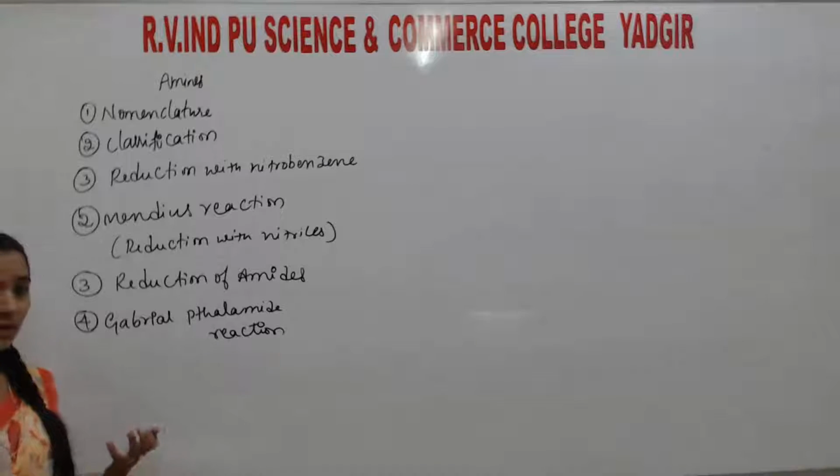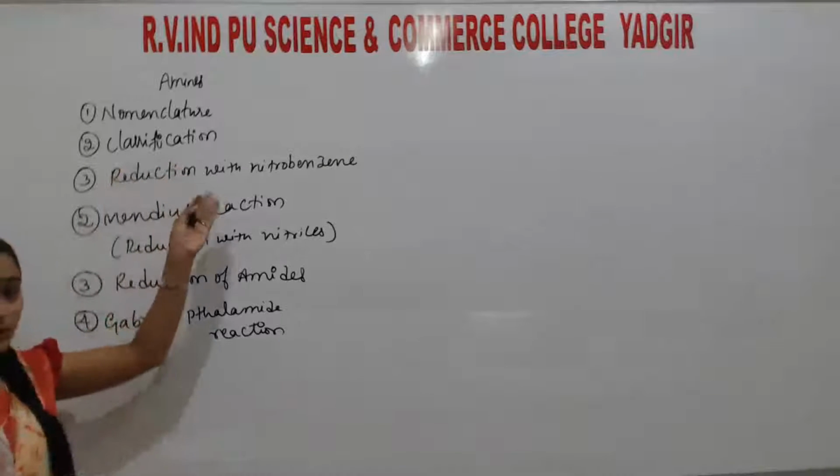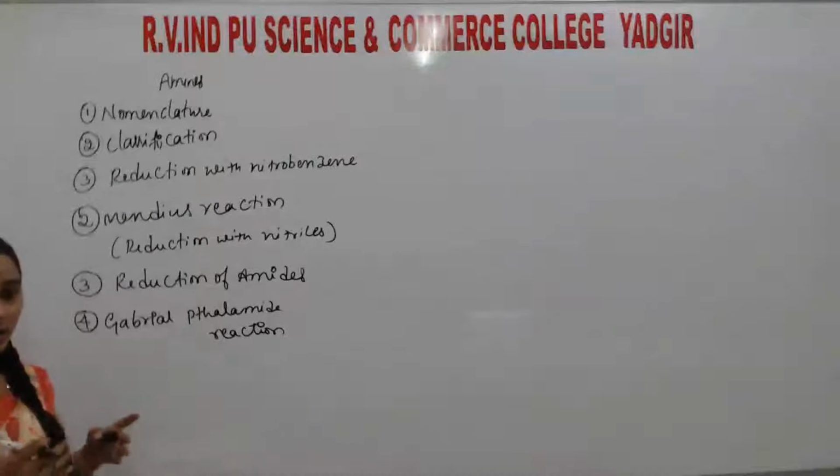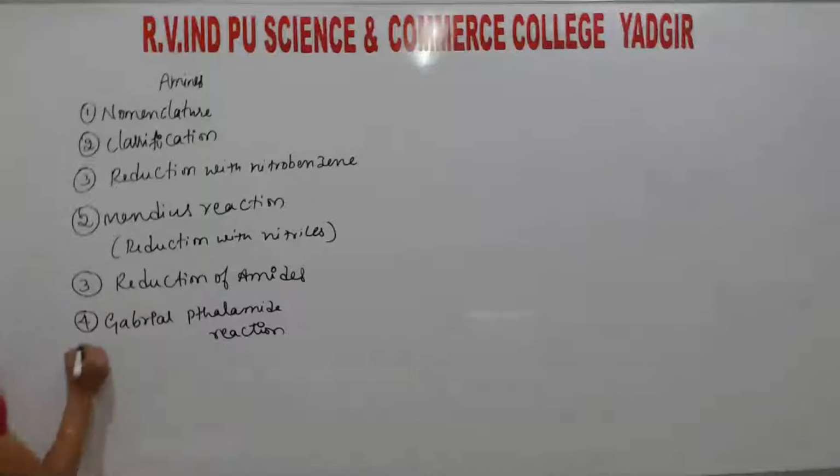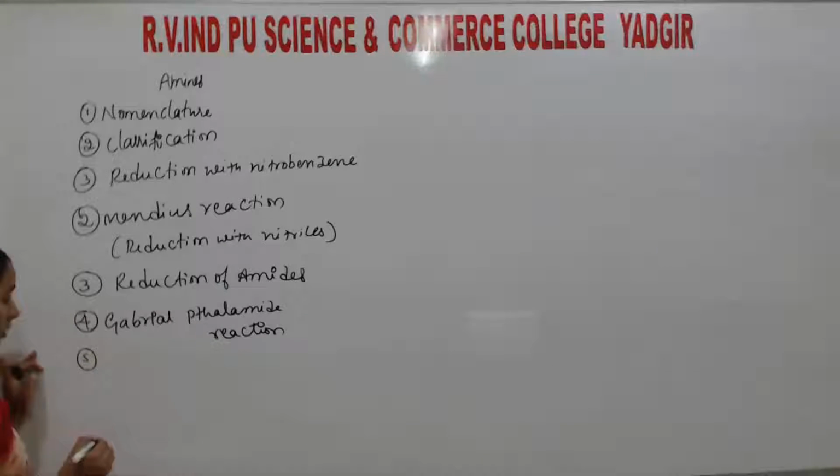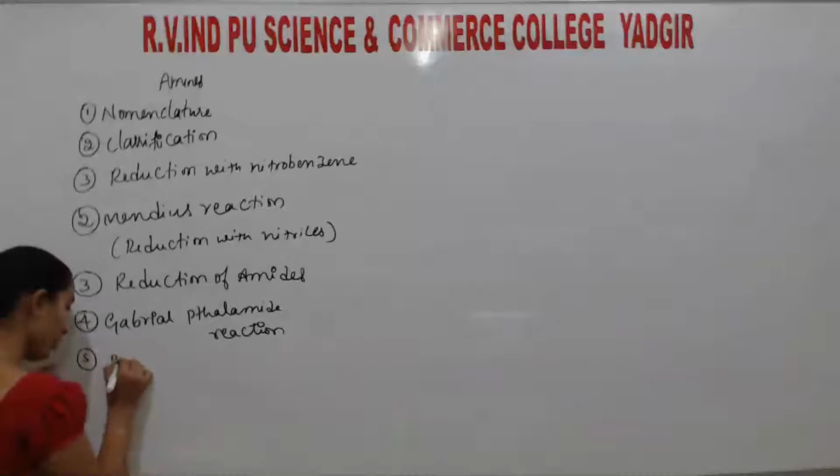So later I'll explain the nomenclature, classification, and acidic and basic nature of all the compounds. At that time I'll explain. So the next one is bromination.